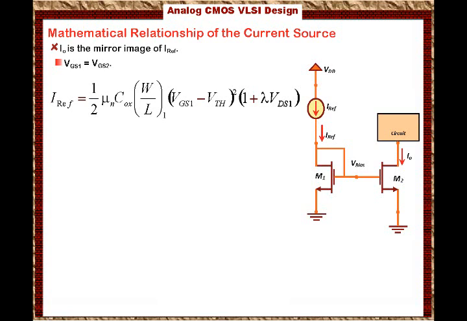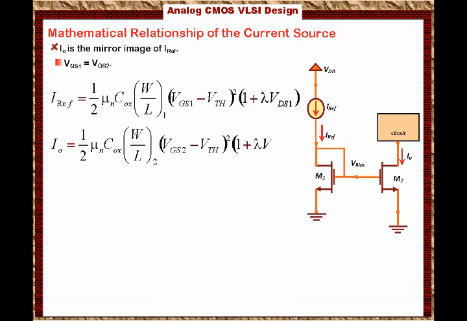Then we can also say that the output current IO will equal 1/2 times mu n COX times W over L2 times (VGS2 minus the threshold voltage VTH) squared times (1 plus lambda times VDS2).